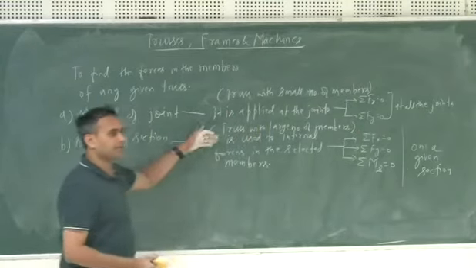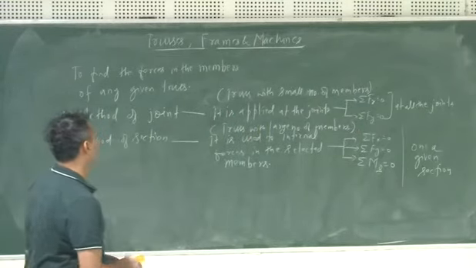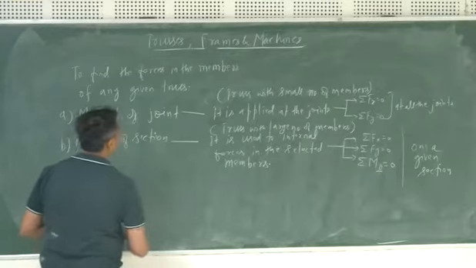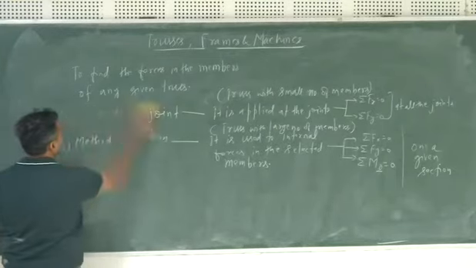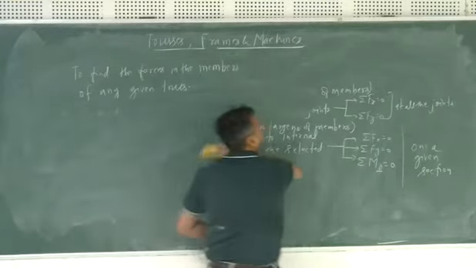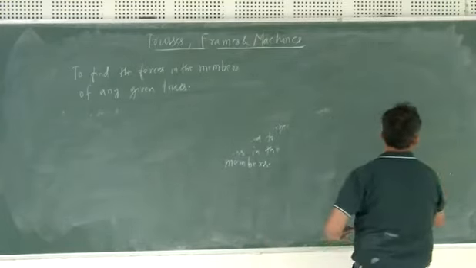So it is not specific, but more or less this is how people apply it. So let's look at the method of joint and then method of section, how it is applied at some selected point.